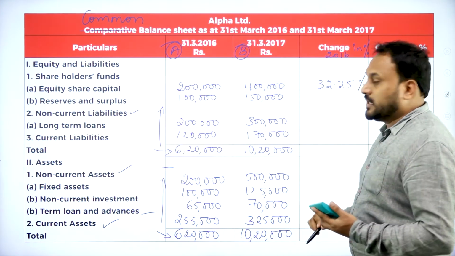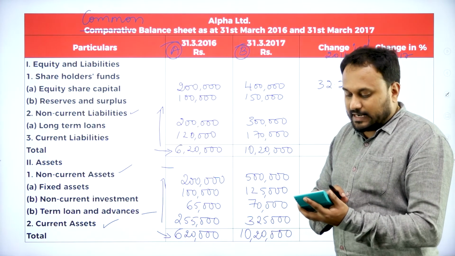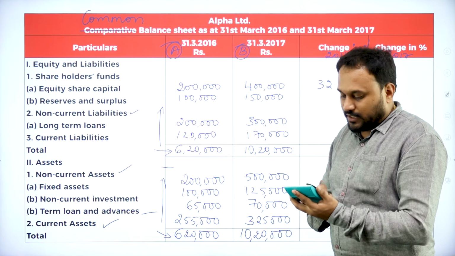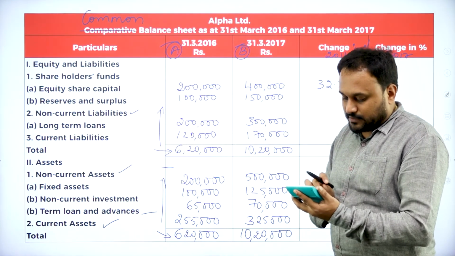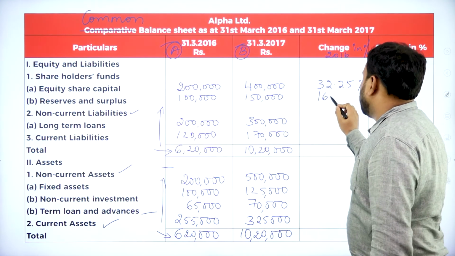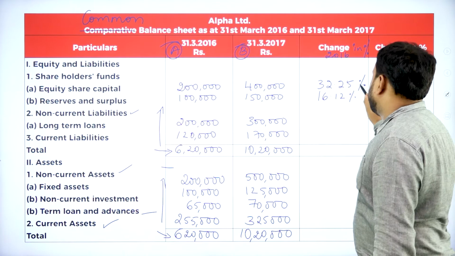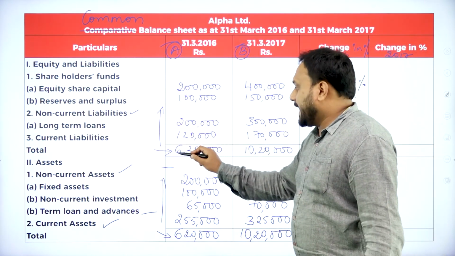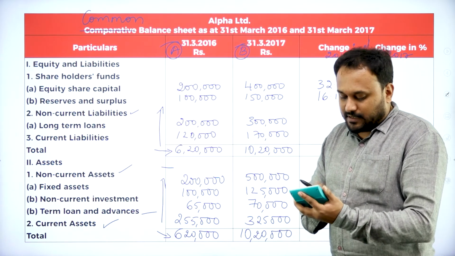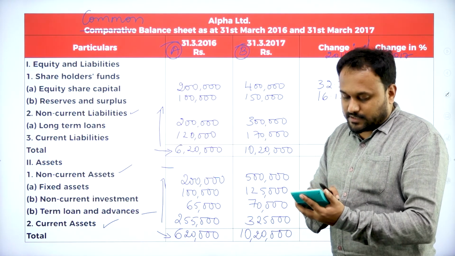Same way, 1 lakh divided by 6,20,000 into 100. So 16.12%. Write percentage properly. Next, 2 lakh divided by 6,20,000 into 100.